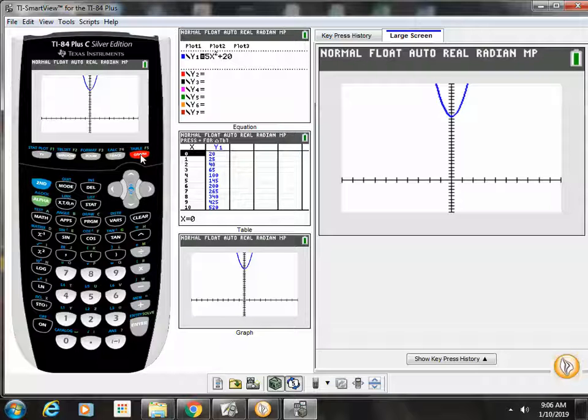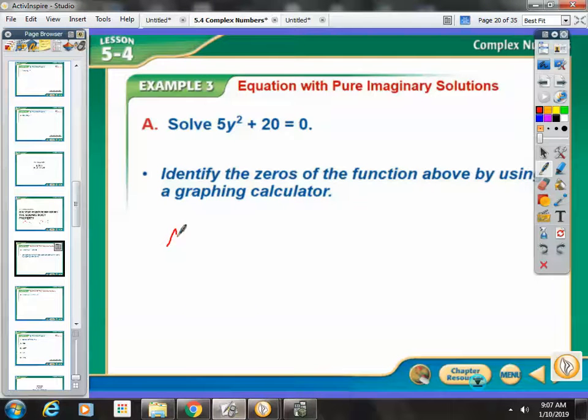What are the solutions? If you remember back to last semester, our solutions are where it crosses the x-axis, right? Where does this graph cross our x-axis? It doesn't. So what did we say when it didn't cross the x-axis? We said no real solution.